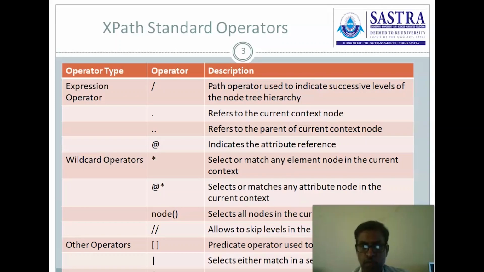Those are called properties or attributes. Likewise, in your XML document, in order to provide more information about a particular element, we can include attributes. All such attributes can be referred to by using the @ symbol.